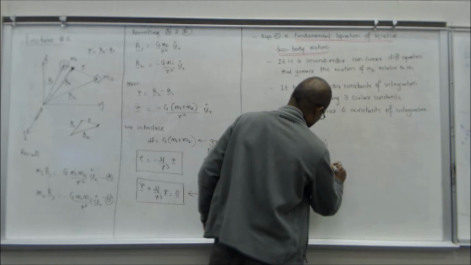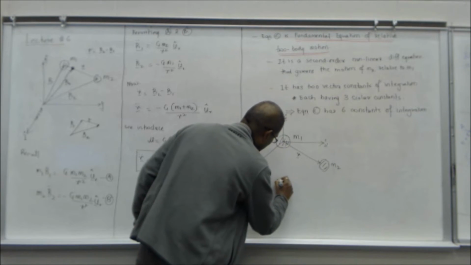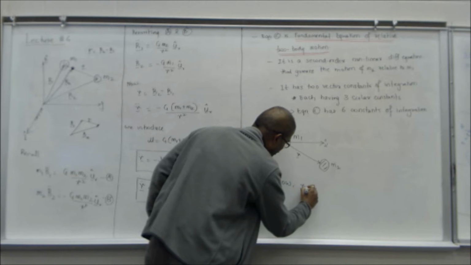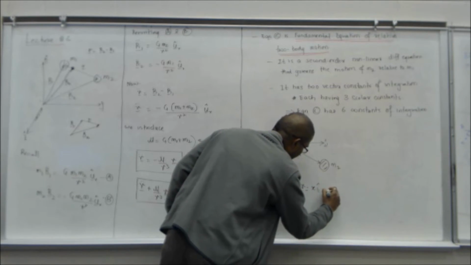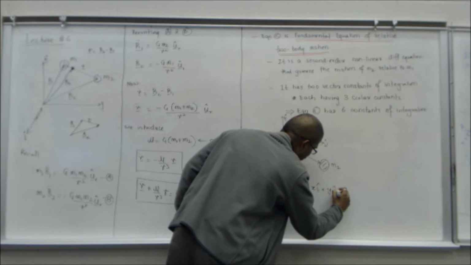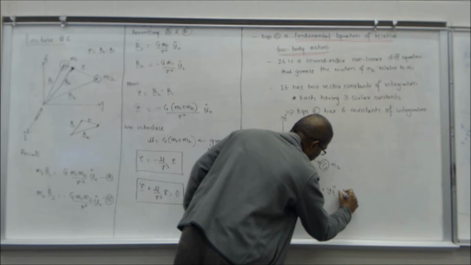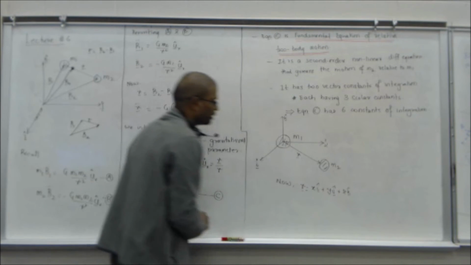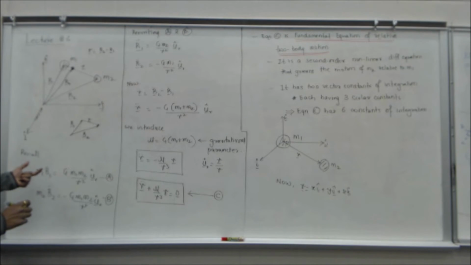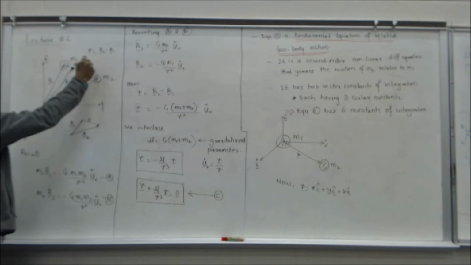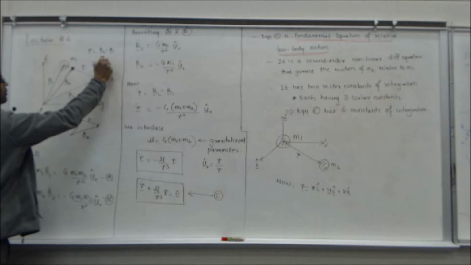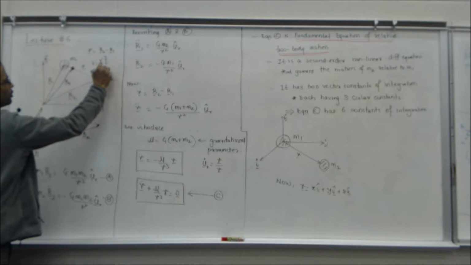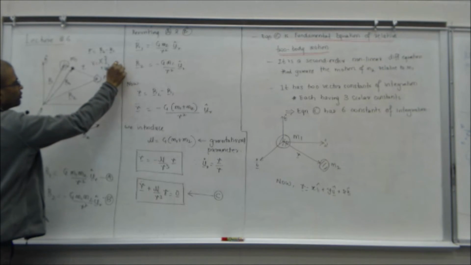So this is M2. Now, R is measured in terms of xi plus yj plus zk. Okay. Understand here, everything was, for example, here R would have been xi plus yj plus zk.